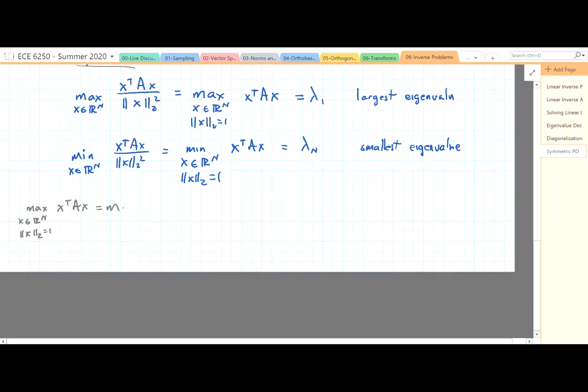That's equal to the same max of x transpose V lambda V transpose x, which is just equal to the max of y transpose capital lambda y, where y is equal to V transpose x, which is equal to the max.